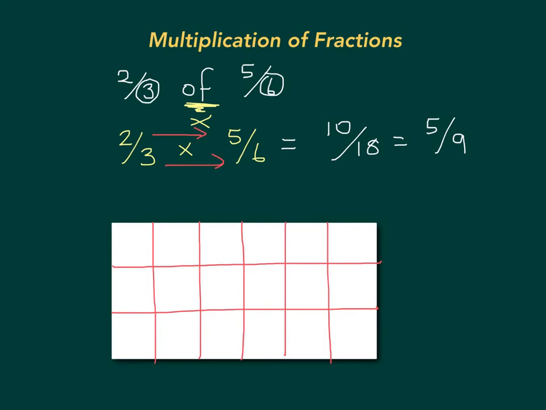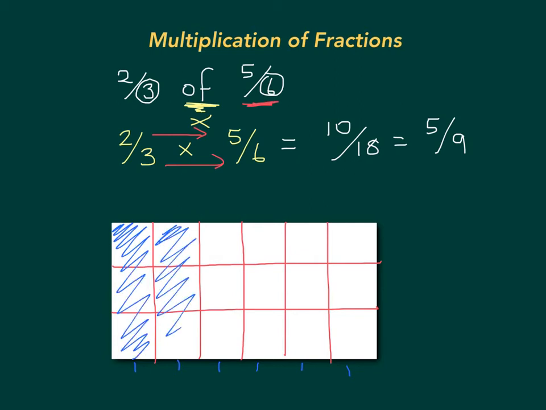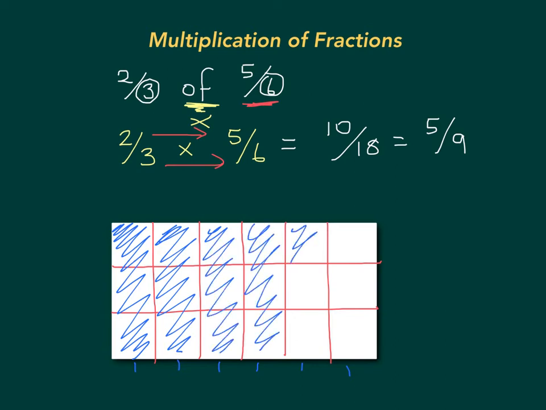So we need to represent this 5/6 first. So let's have a look and see at our model how we can represent 5 sections of 6. You can see we have 1 section, 2, 3, 4, 5, and 6. And we want to shade in 5 of those sections. So let's do that. 1 section, 2 sections, 3 sections, 4 sections, and 5 sections.